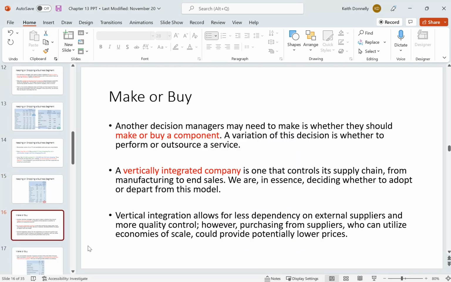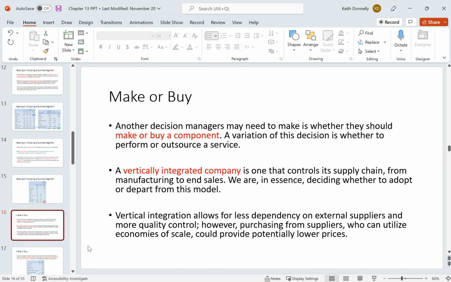All right, let's move on to the next decision that we'll have to make: make or buy. And I talked about this a little bit with, if we're a guitar company and we're making guitars, we make the body of the guitar, this and that. We don't have the strings.